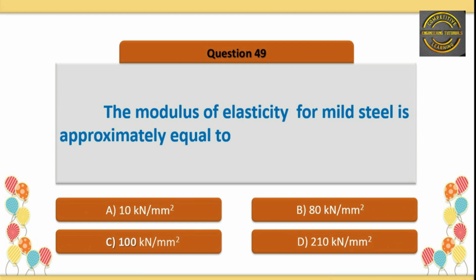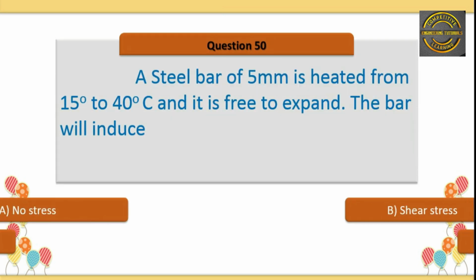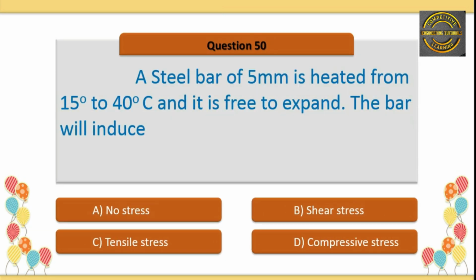Option D is correct. 210 kN per mm square. Question number 50. A steel bar of 5 mm is heated from 15 degree to 40 degree centigrade and it is free to expand. The bar will induce. Option A is correct. No stress.